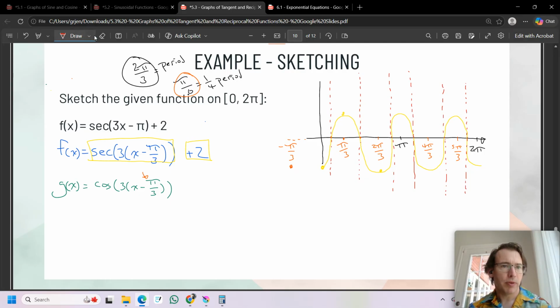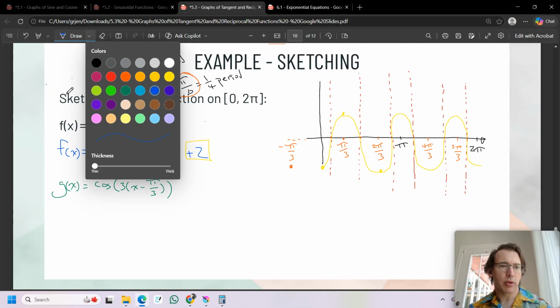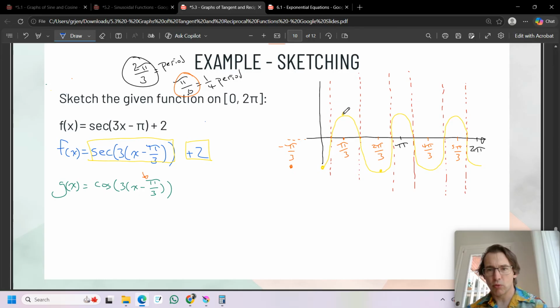And then we consider what happens when we take the reciprocal of this function. So 1 goes to 1, and it goes up, but then I raise it up by 2. So that's up here at 3, and it goes up towards the asymptotes on both sides.